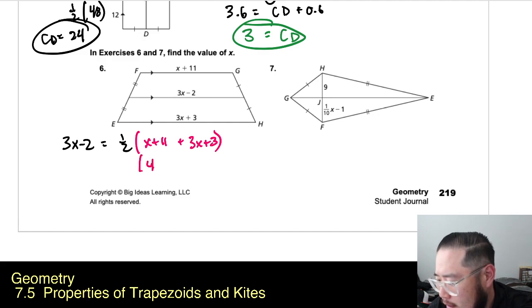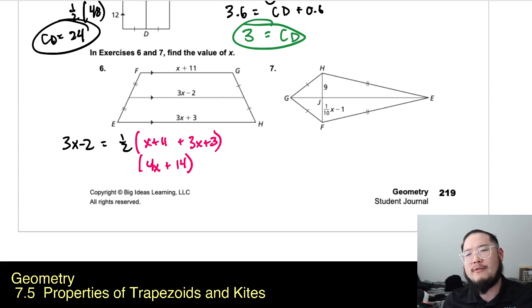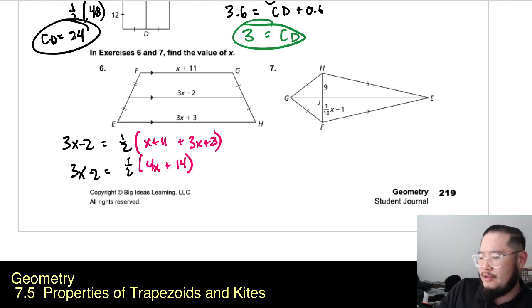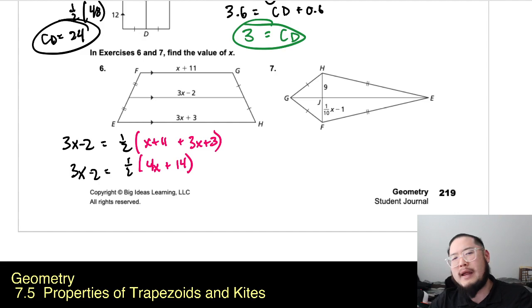And luckily, instead of multiplying both sides by 2, I could actually distribute that 1/2. And why would I distribute the 1/2? Because when I look at what's in red, I could multiply all that stuff by 1/2 and get nice whole numbers. It's like you end up dividing it all by 2. So that's why I'm going to distribute the 1/2, and I'll end up with 2x plus 7.